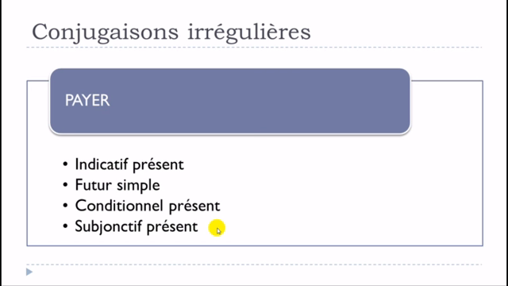It does mean that for all the other tenses, these verbs will follow the rule. So the endings will be the same, and the way we build the forms will be the same. But for indicatif présent, futur simple, conditionnel présent, and subjonctif présent, we'll see together that we'll have slight changes.